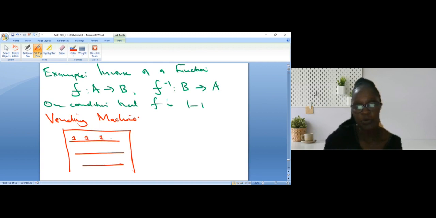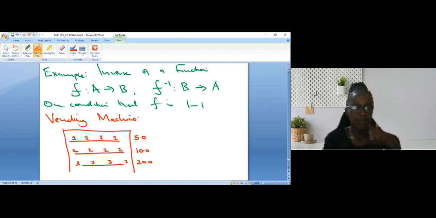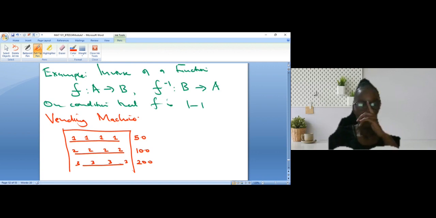So all the items here have code 1. There could be different items, provided each costs 50 shillings, then it's assigned code 1. The other items that cost 100 shillings, we call them item 2. The other food items that cost 200 shillings, we call them item 3. So every food item has a code.